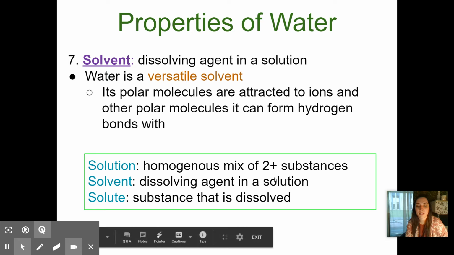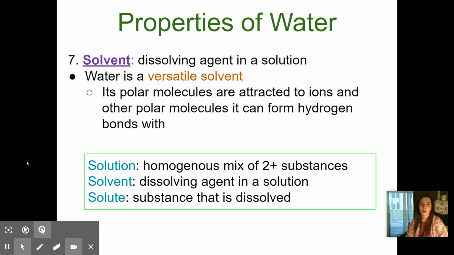A solvent is the dissolving agent in a solution, and a solute is a substance that's dissolved. We'll use these vocabulary words quite a bit in AP. Because water is polar, those molecules are attracted to ions and other polar molecules that it forms hydrogen bonds with, which breaks down the other molecules, if that makes sense.